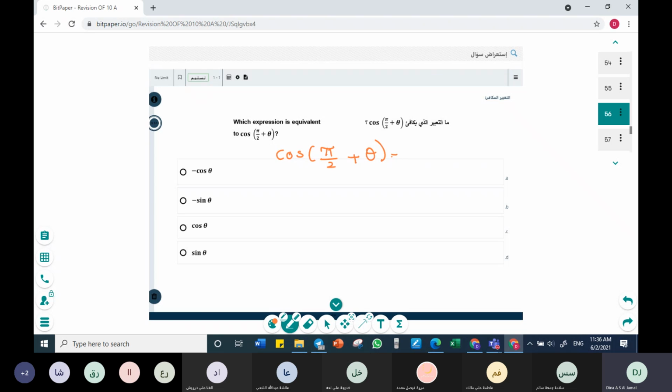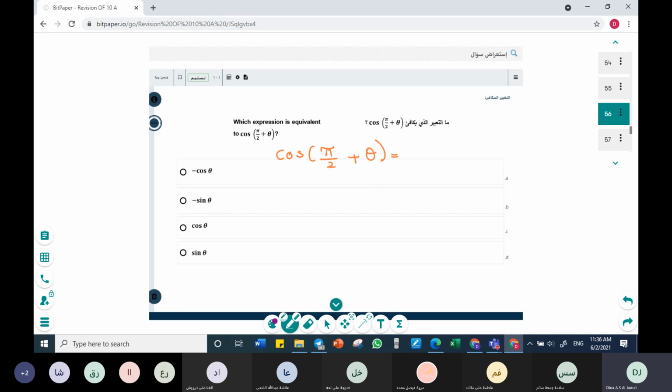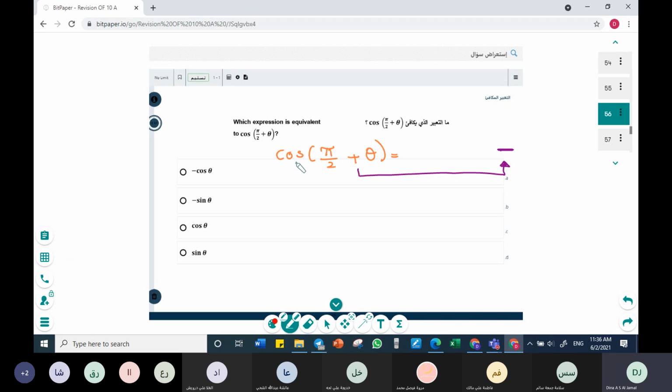We just discussed the cosine sum and difference identity, and we said that the cosine will be changing the signs, so it will turn out to minus. You need to remember the sum and difference for cosine will be cosine, cosine, sine, sine. So let's imagine this is A, this is B. Cosine the first, cosine the second, sine the first, sine the second.